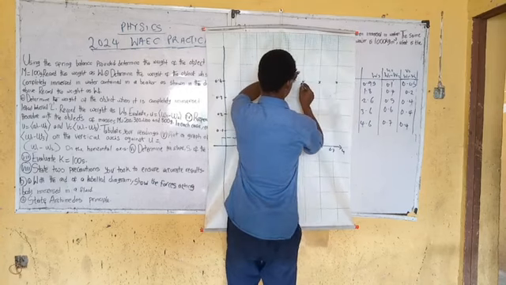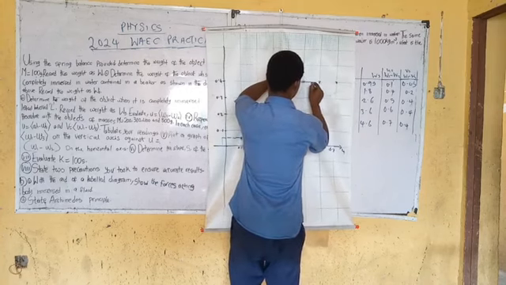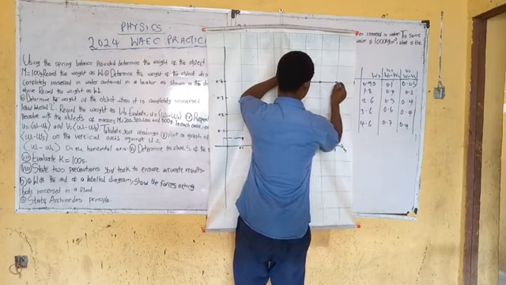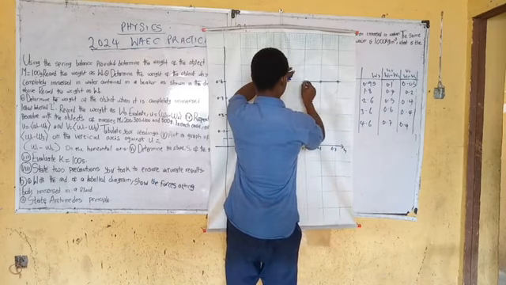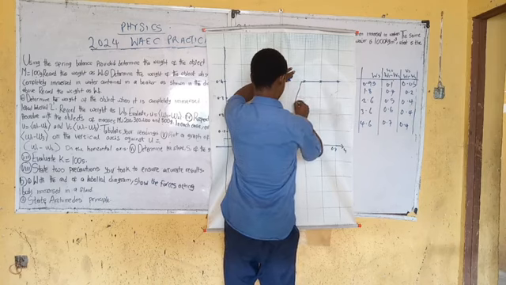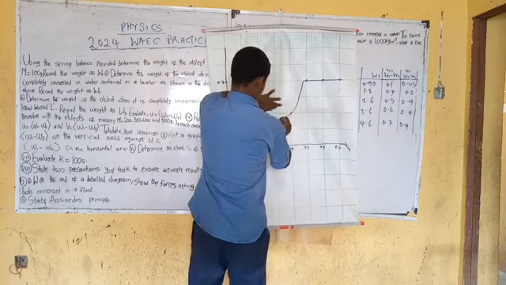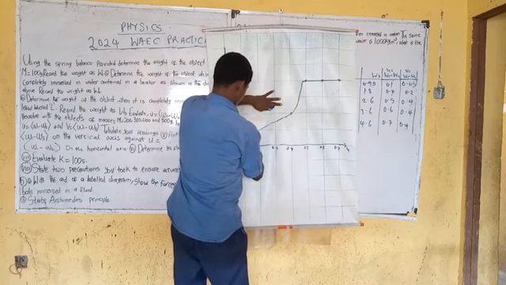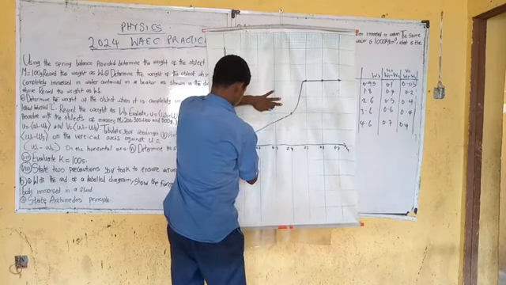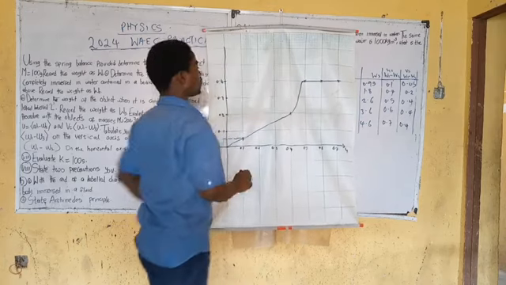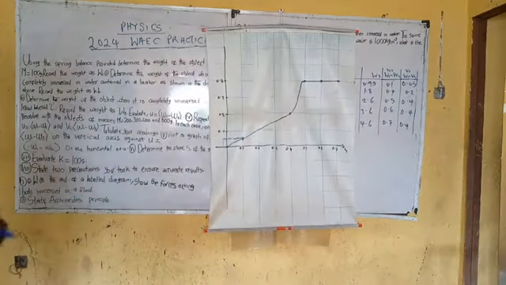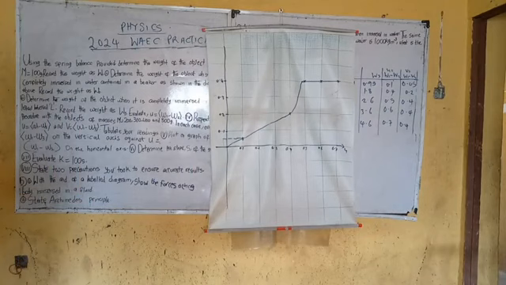So we see our graph having something like this. This is the shape that we have.